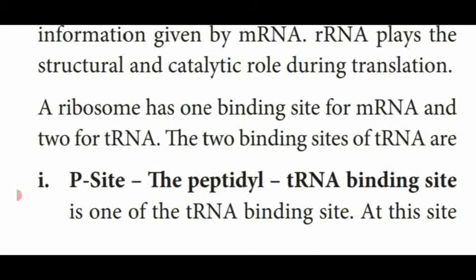That is why it is given the name P site, for polypeptide chain. It is given in short form as P site, the peptidyl tRNA binding site. It is at this site that the tRNA is attached to the ribosome.